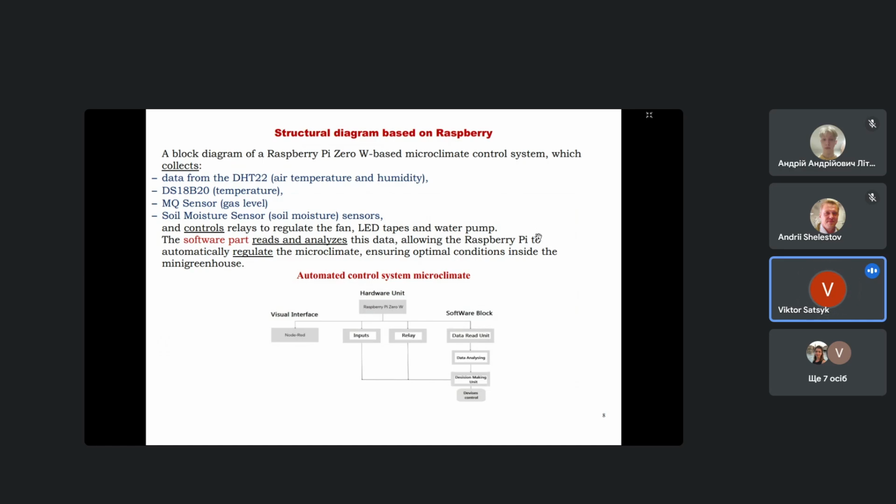The software part reads and analyzes this data, allowing the Raspberry Pi to automatically regulate the microclimate, ensuring optimal conditions inside the microgreenhouse.